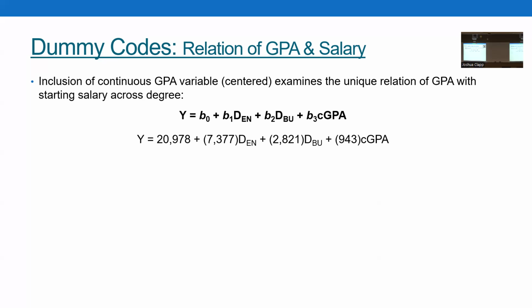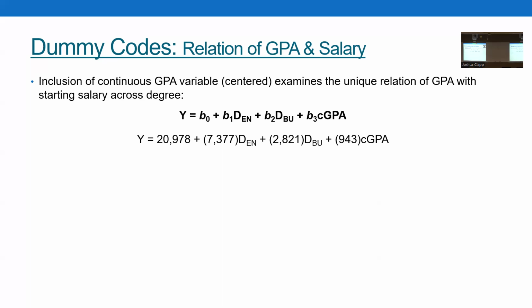Okay, at the mean GPA? Yeah, exactly. Mean GPA for the whole group, right? So what I've done is I've added an adjustment here, right? So this is the expected value for my liberal arts majors, holding GPA constant at the mean.